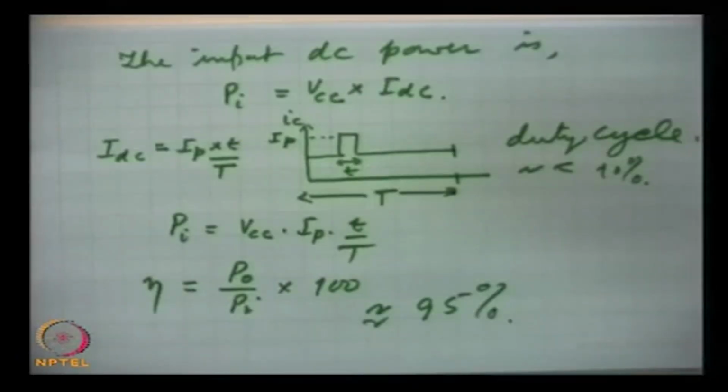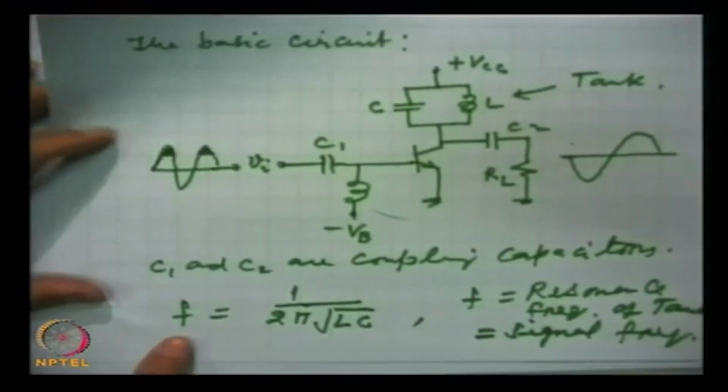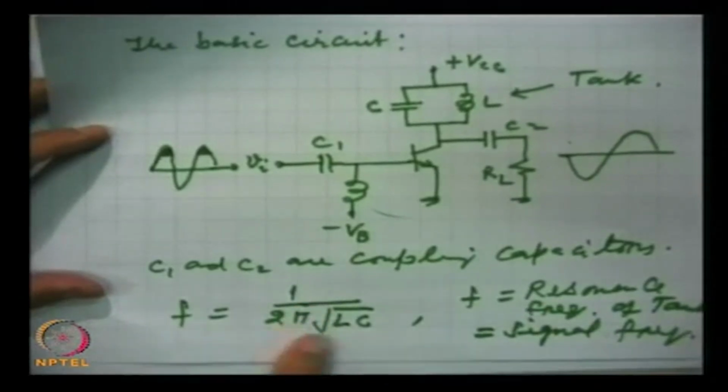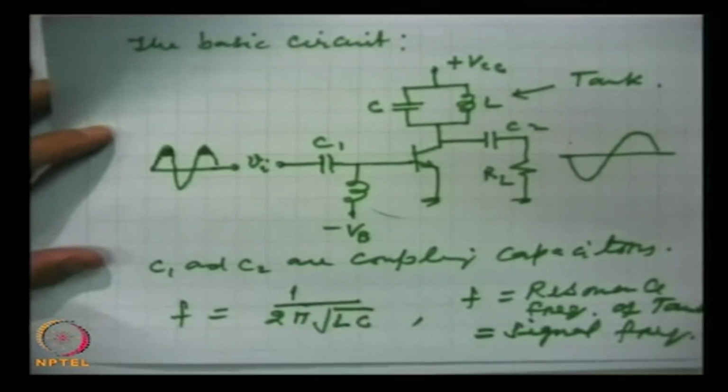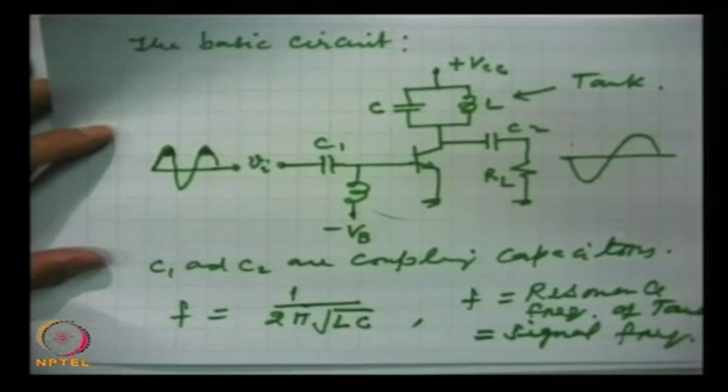So, they are in kilohertz and megahertz or still higher frequencies. The higher the frequency, the smaller the value of capacitor and inductance required. Here, the resonance frequency f is 1 by 2 pi under root LC. So, at very high frequencies, very small values of capacitance and inductance will be required in the circuit.